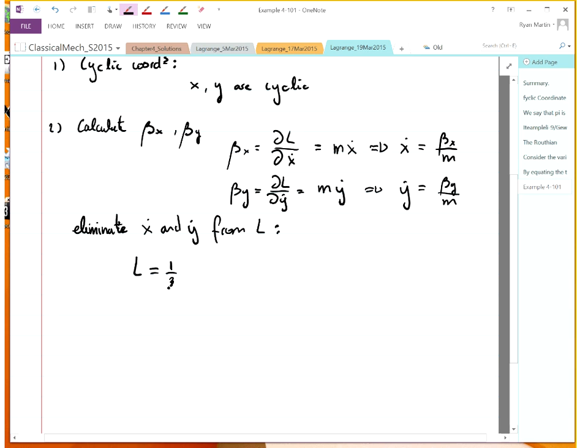The Lagrangian is half m times x dot squared, well, x dot squared is beta x squared over m squared, y dot squared is beta y squared over m squared, and of course the z dot squared stays because it's not cyclic, minus mgz.